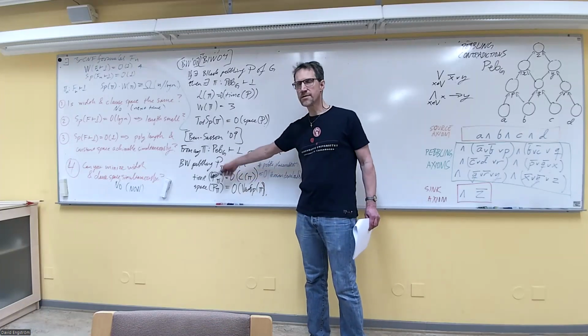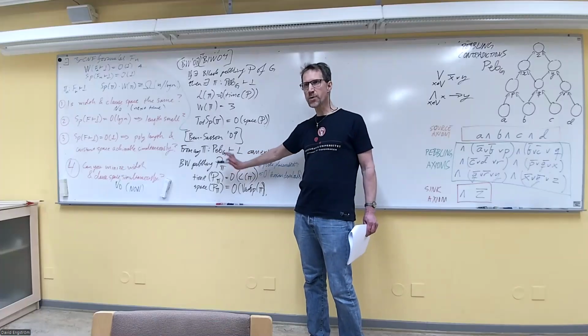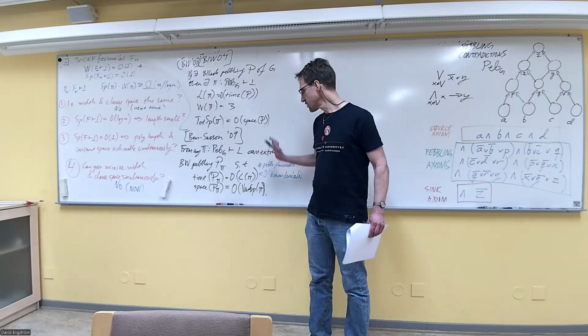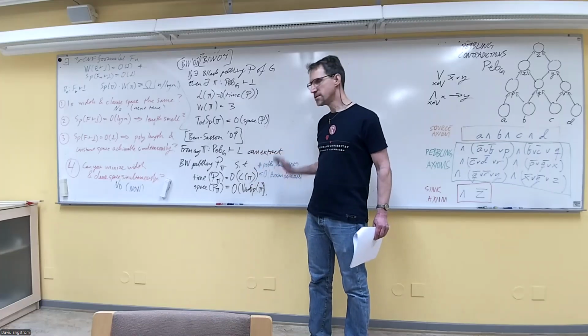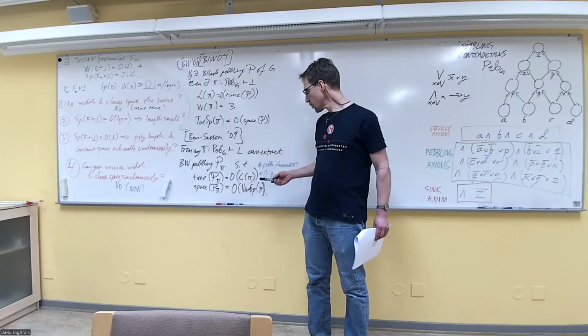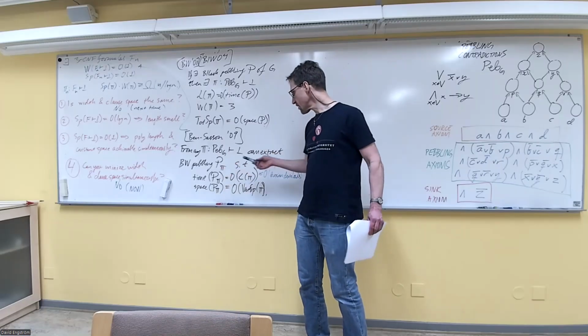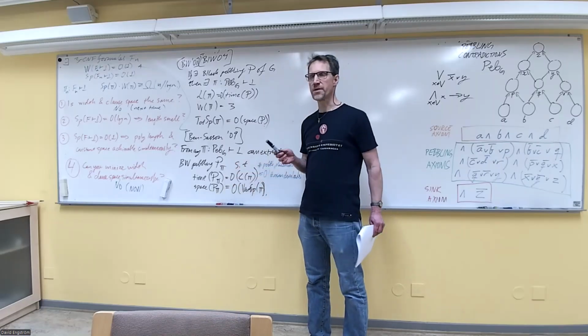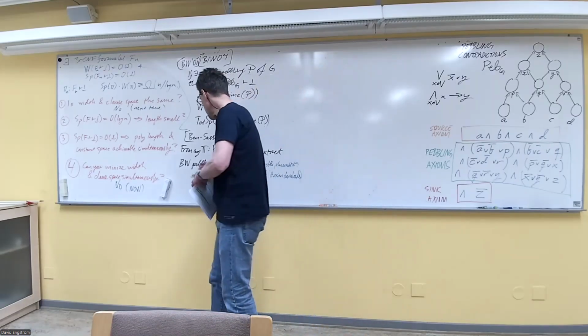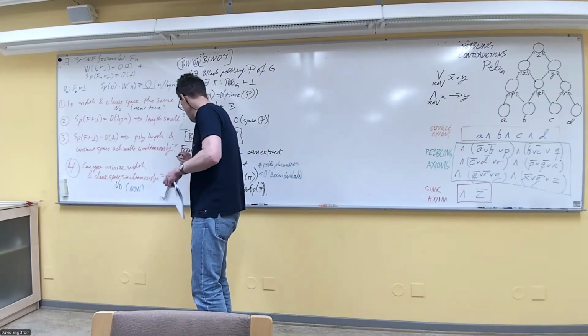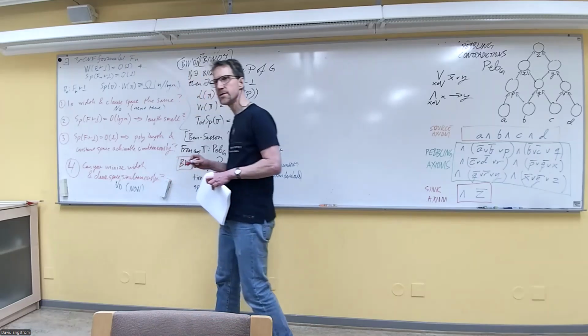But I can extract the pebbling with at least as good properties as your resolution refutation, where time corresponds to length and space corresponds to variable space. But it's a black-white pebbling, not a black one.